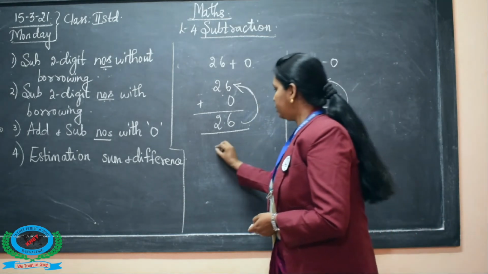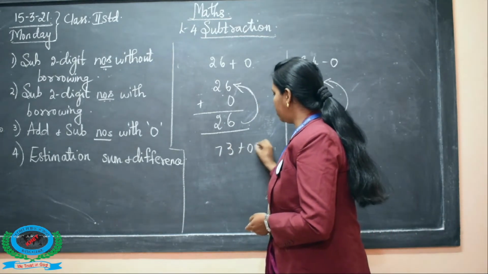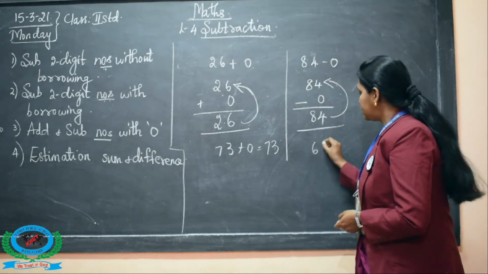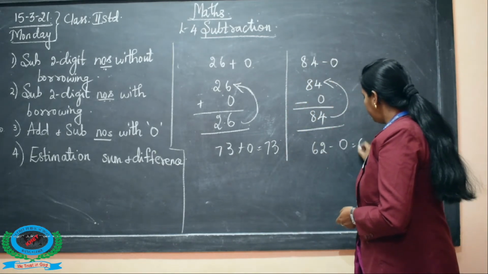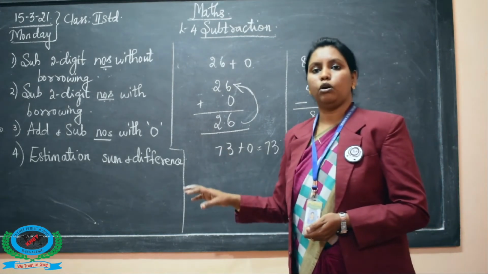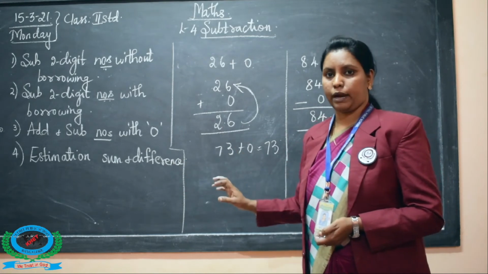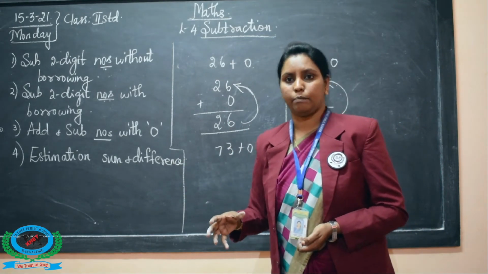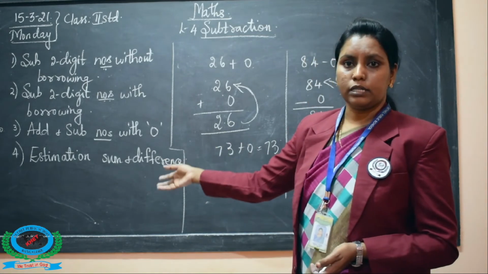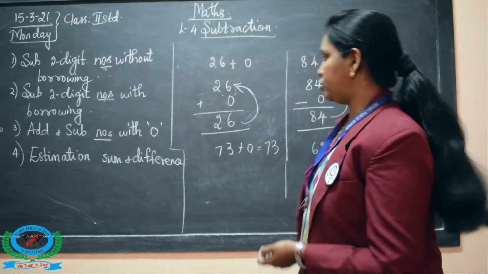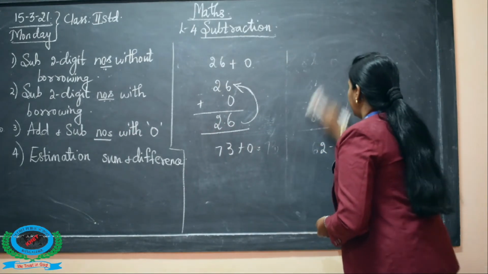So for example, 73 plus 0 gives you 73 only, whereas 62 minus 0 will give you 62 only. This is the role of 0 in addition and subtraction. This was the third subunit, and coming to the last subunit, that is estimation and sum and difference.